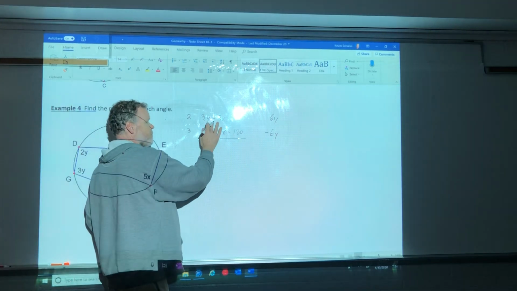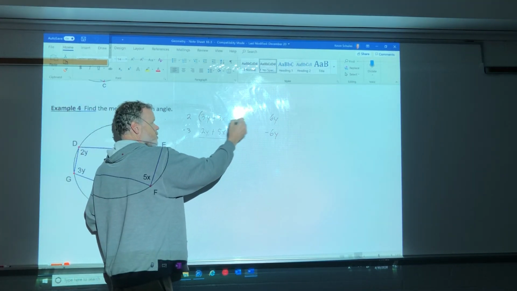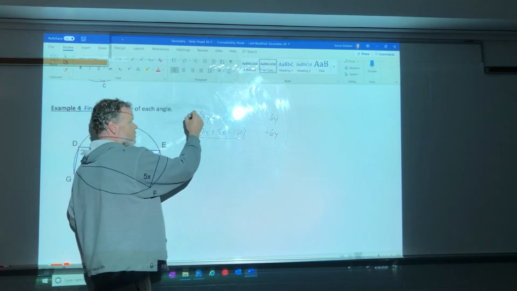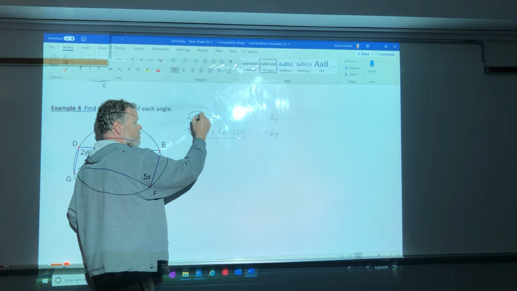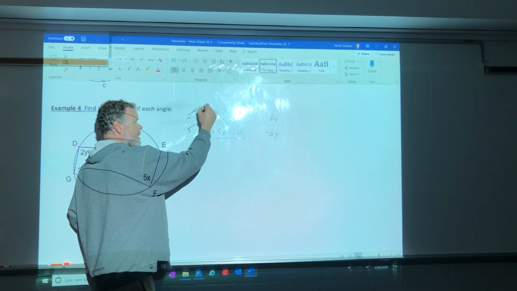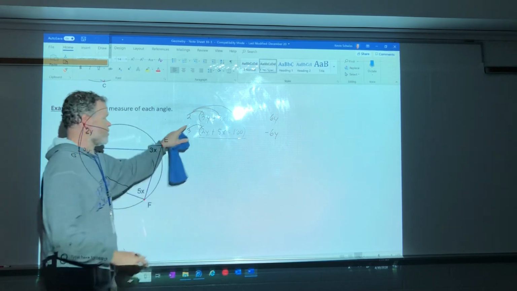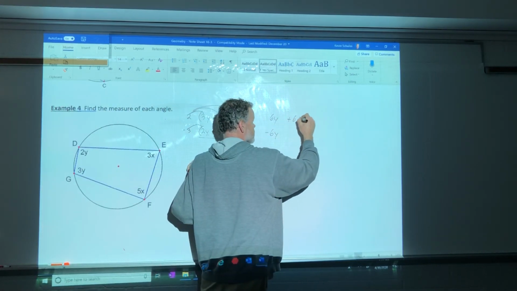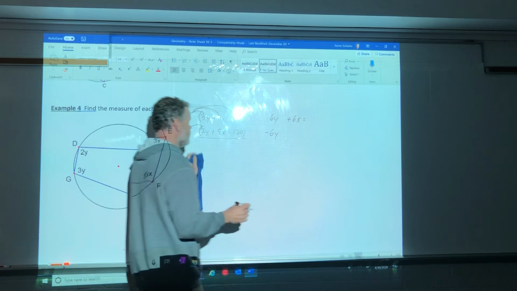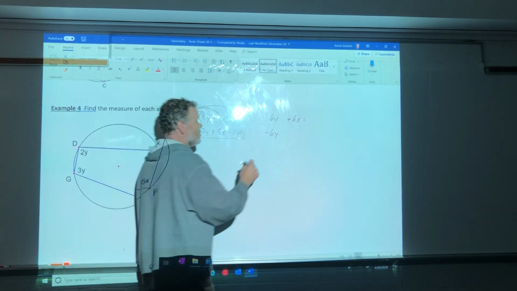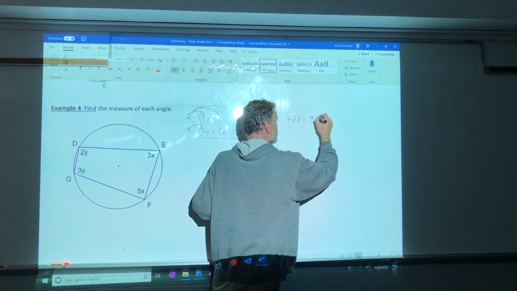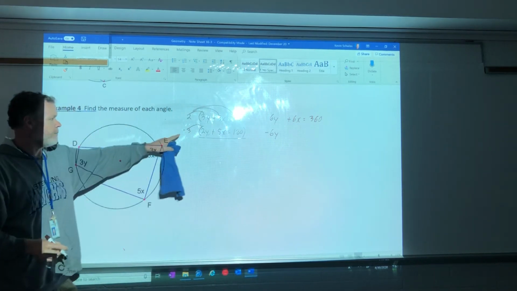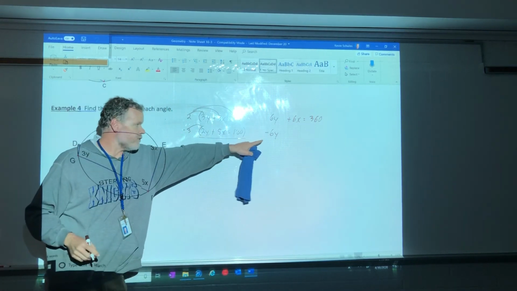But also remember, we didn't just multiply those first terms. When we dealt with systems of linear equations, we multiplied each term. So you're going to have to do 2 times 3x, which is 6x, and then 2 times 180, which gives you 360. And then on the bottom, -3 times 2y gives you -6y.